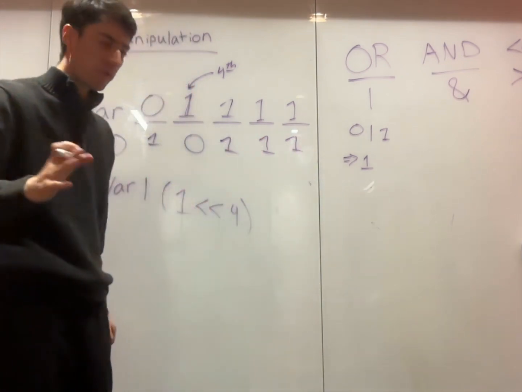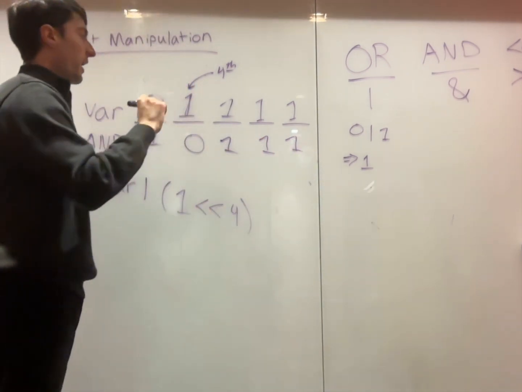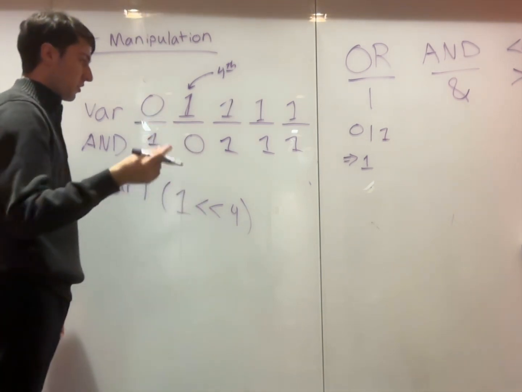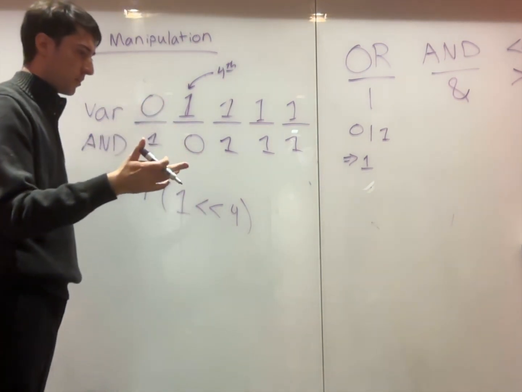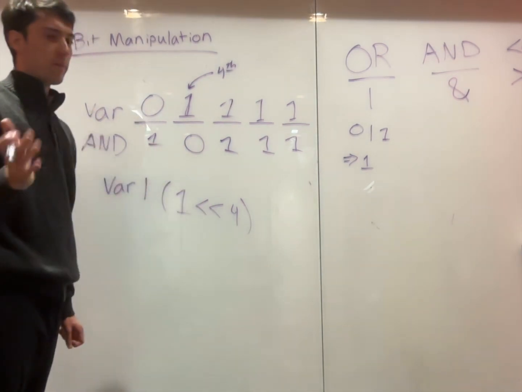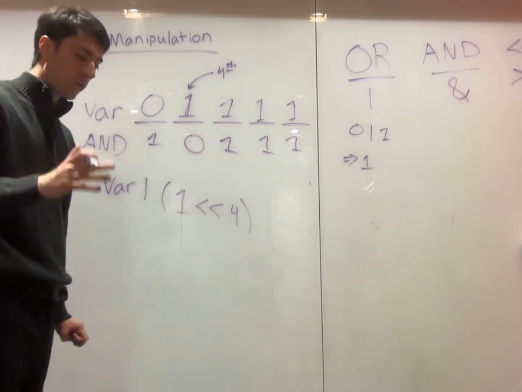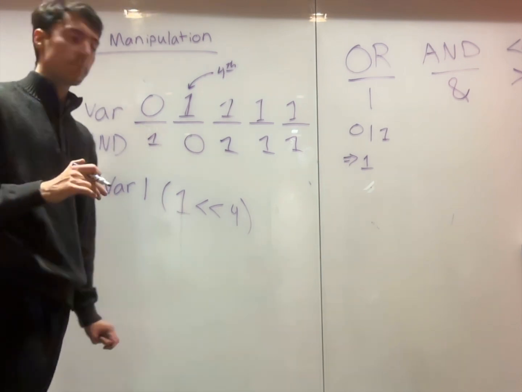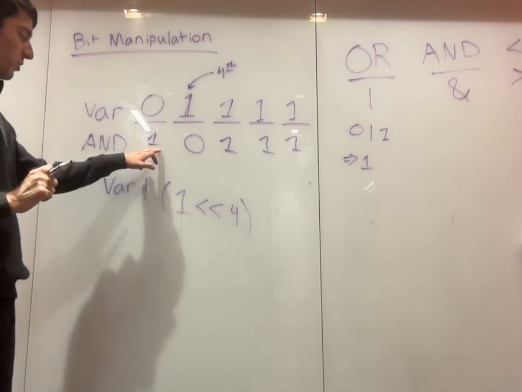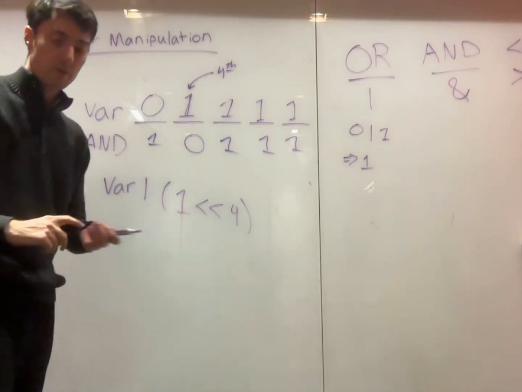So you can kind of remember this, like if you want the value to stay the same in an AND operator, you use the 1. If you want everything to remain the same in an OR operator, you use the 0. Okay, so here's the number that we want to AND with.